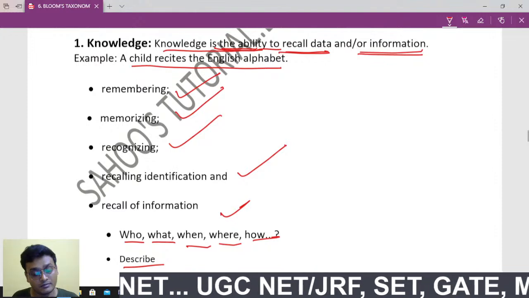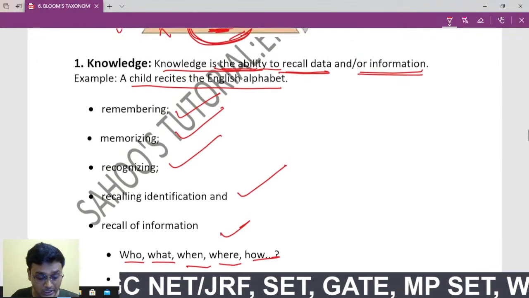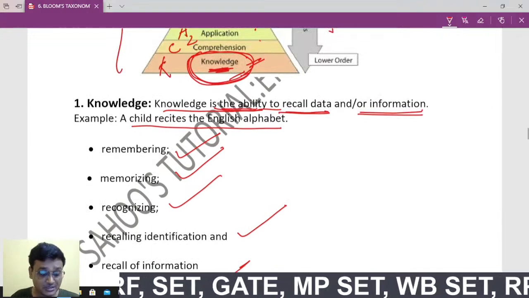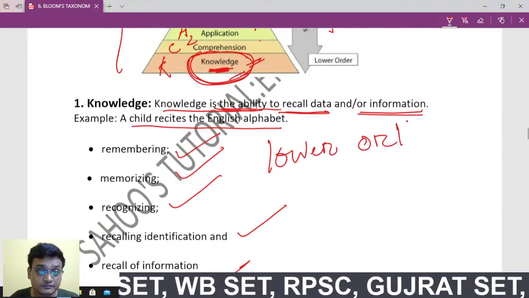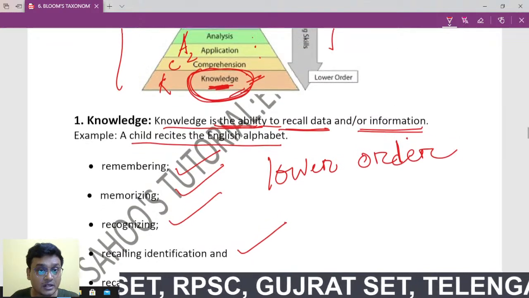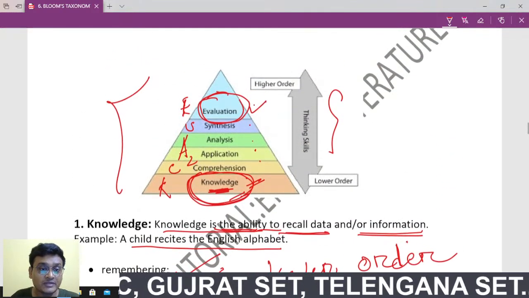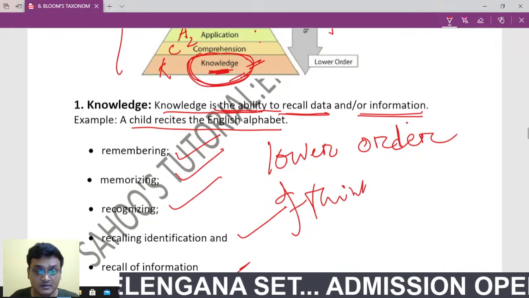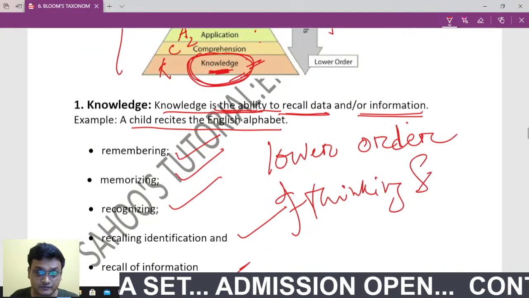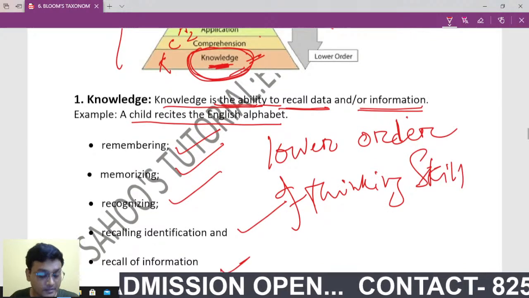Knowledge is the lower order. You remember that this is the lower order of thinking skills. Okay, this is knowledge.